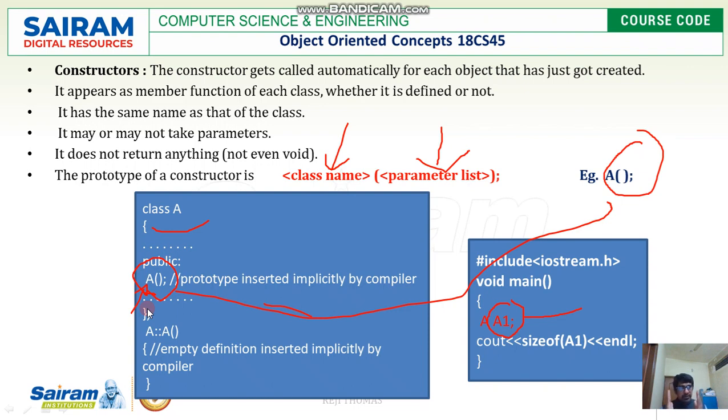That's why I said this is a special member function. We have already seen data members and member functions, and the constructor is a special member function. It has the same name as your class name, it does not return any value, and it may or may not take parameters.